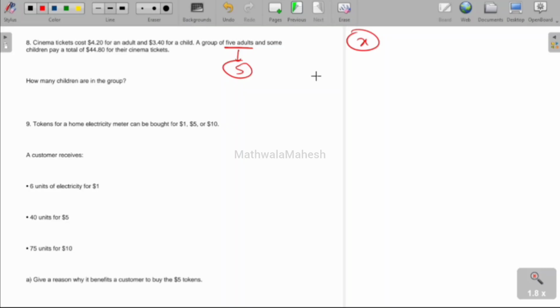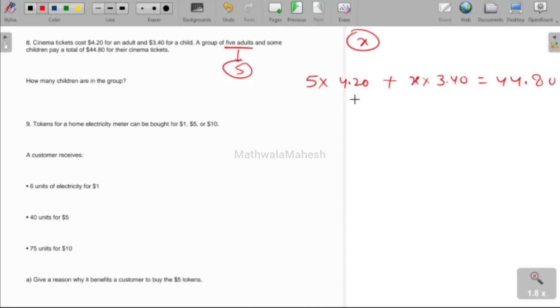Okay. So 5 adults and per adult the ticket cost is 4.20, plus 3.40 for a child, so x into 3.40, equal to the total cost of 44.80.